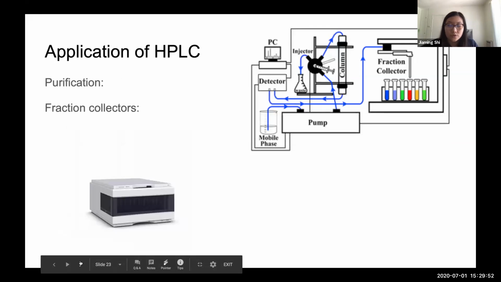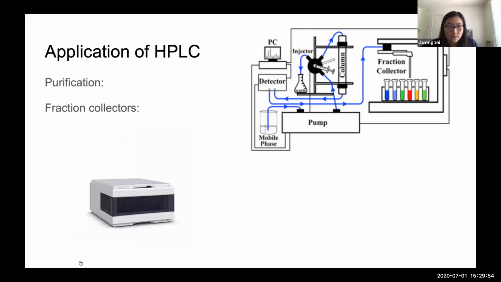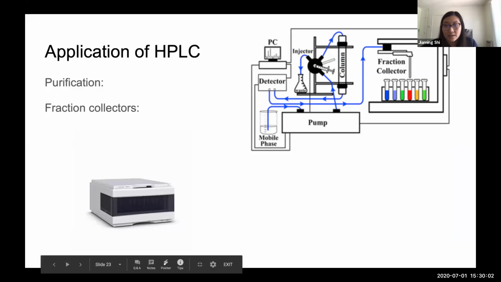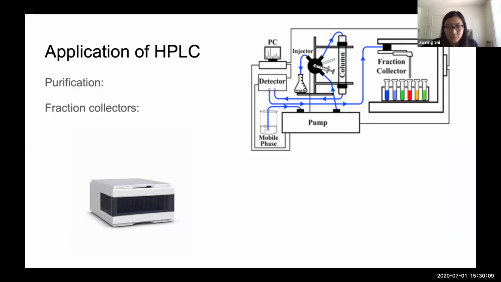We can also use it for purification, because there is another add-on component of HPLC that is called a fraction collector. It's something added at the end of the HPLC after the samples run through the column. If you don't have the fraction collector, everything will just go into the waste with the eluent, with your mobile phase.